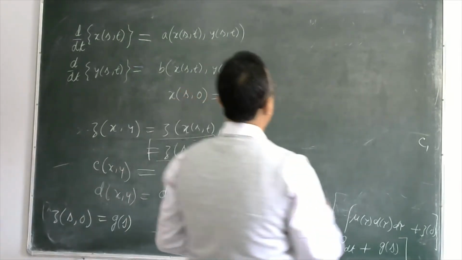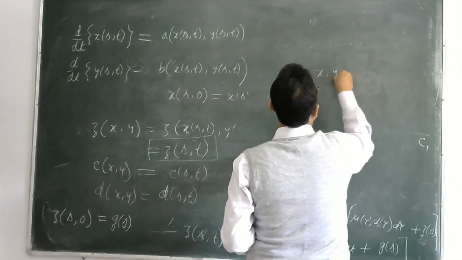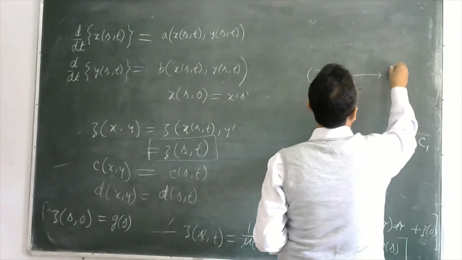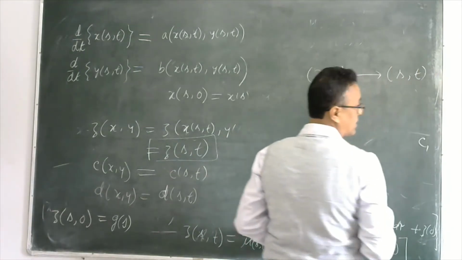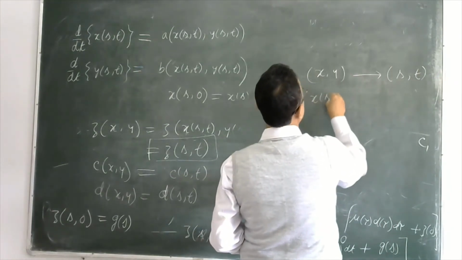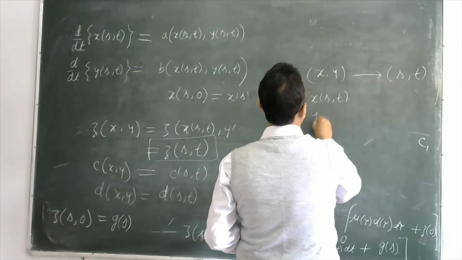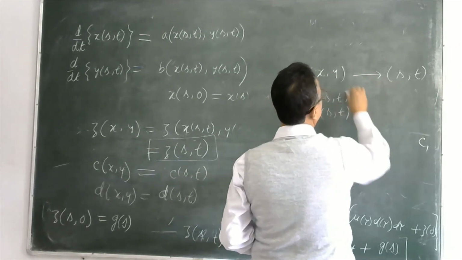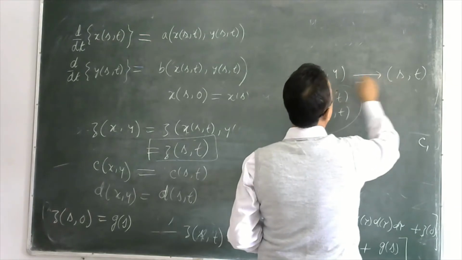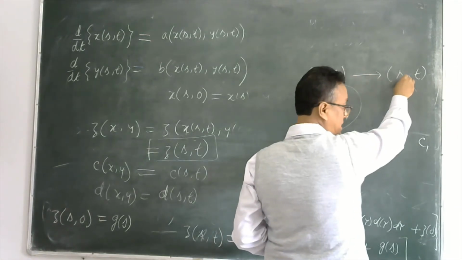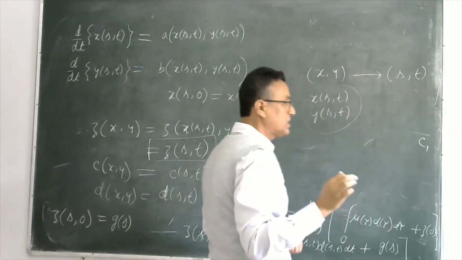If I have to retrieve x and y from s and t, I was considering x as a function of s and t and y as a function of s and t. So what condition must be satisfied?